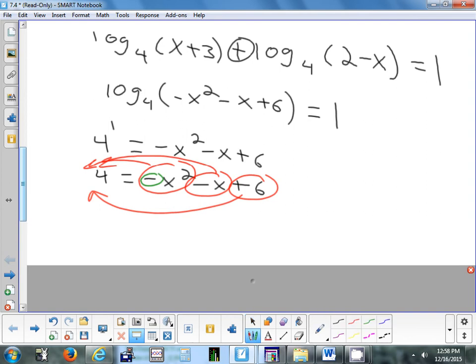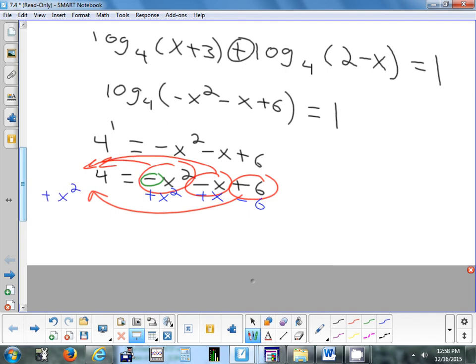How am I going to move negative x squared? Yep, I'm going to add x squared. How am I going to move negative x? I'm going to add x. And how am I going to move the plus 6? It's minus 6. And whatever we do on the right, we got to do on the left.